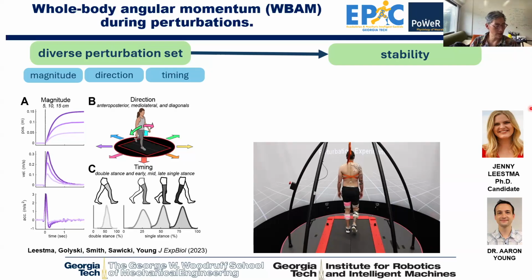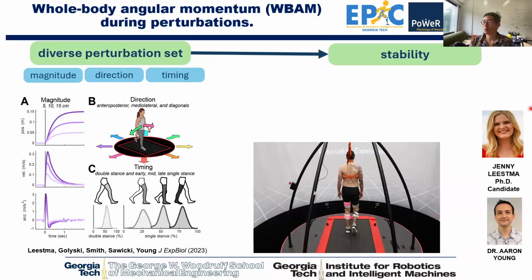The other interesting thing that's anecdotal and maybe we haven't published is that when Jenny did these things, sometimes when people get moved laterally, they will take a step or they'll hop or they'll jump. And we once had a study when we were perturbing people in multiple directions and they had to take a step to recover.